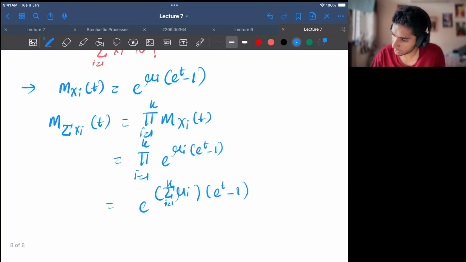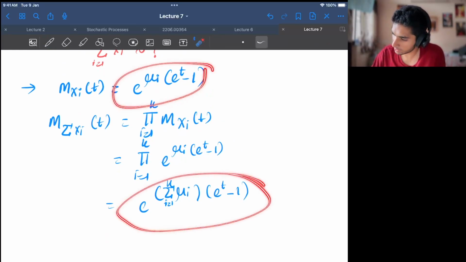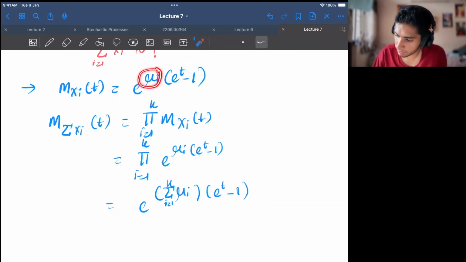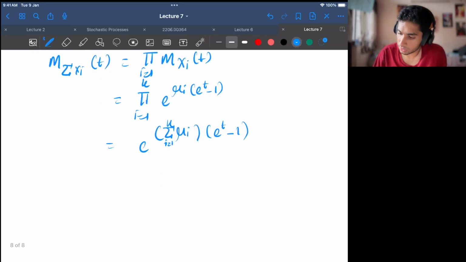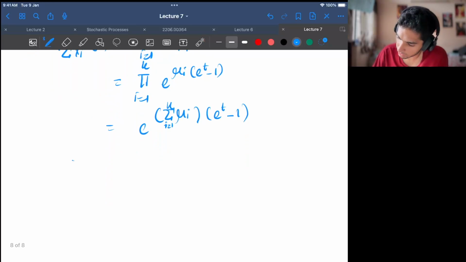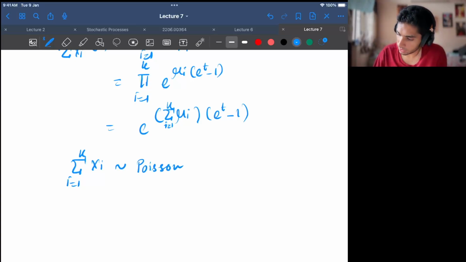Again, if you look at it, this thing and this thing are the same. It's just that the parameter has changed from mu i to summation mu i. So you can say that summation xi, i going from 1 to k, is again distributed according to Poisson distribution with this new parameter, summation mu i going from 1 to k.